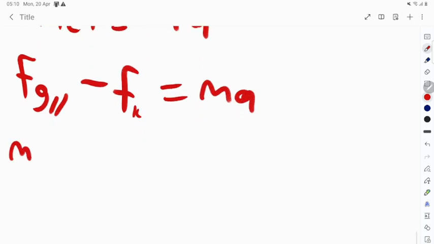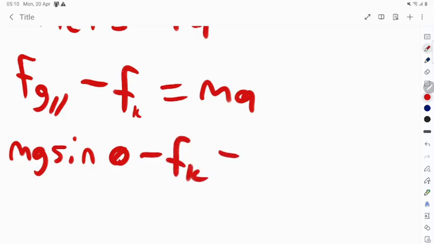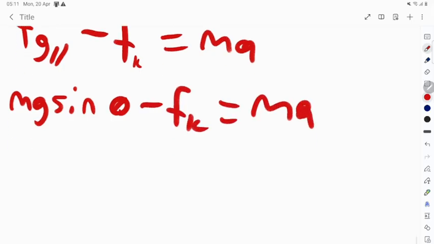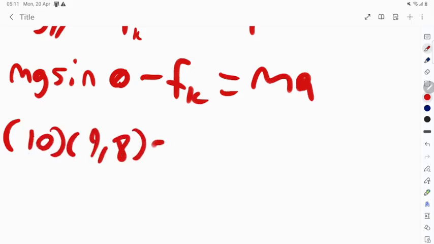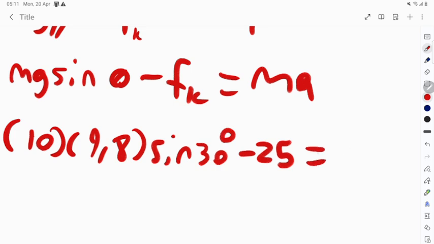Now this is mg sine theta minus f of k is equal to ma. That means that will be the 10 kg multiplied by 9,8 sine of 30 degrees, minus the force of friction, where we are given the magnitude of 25, is equal to 10 times a, and we are looking for the acceleration.